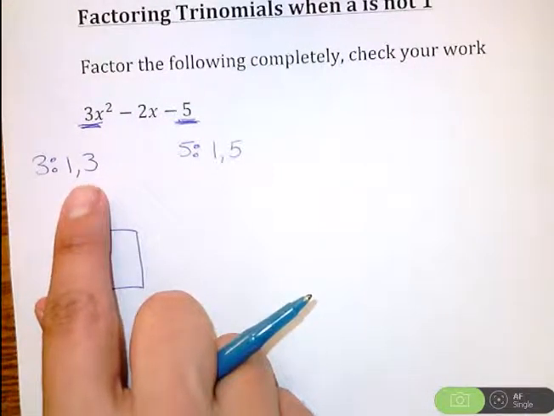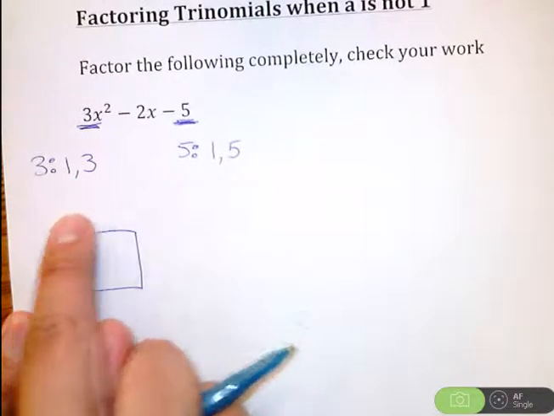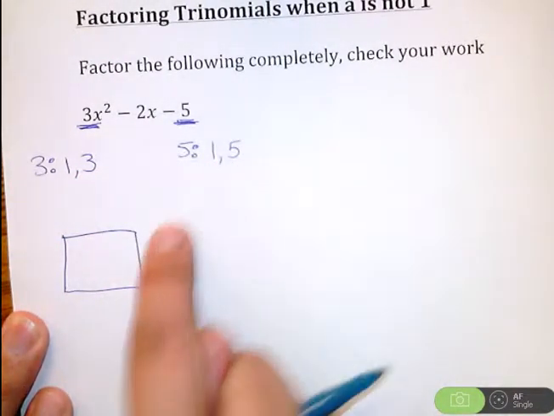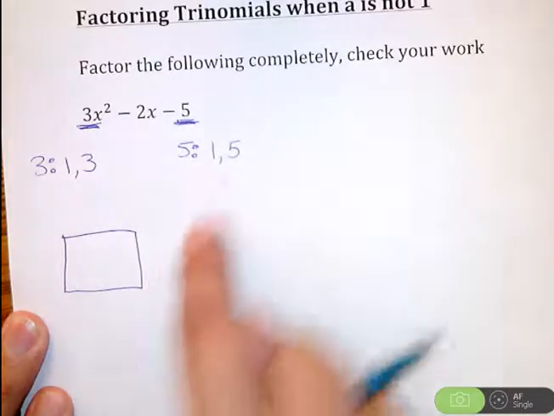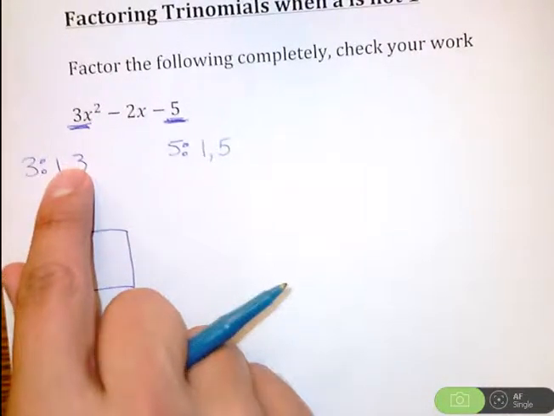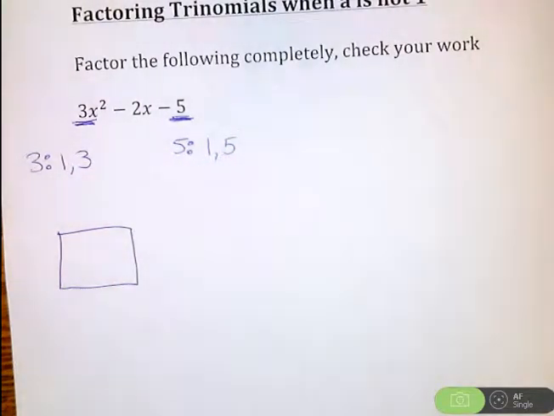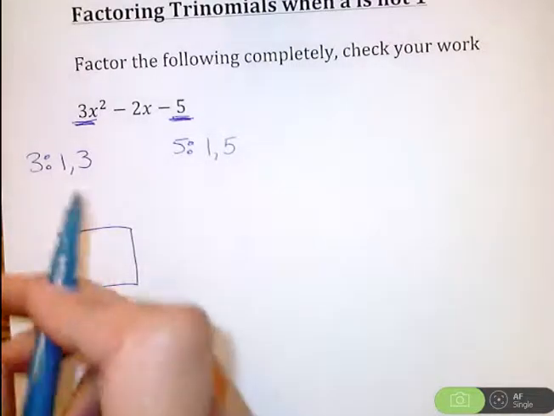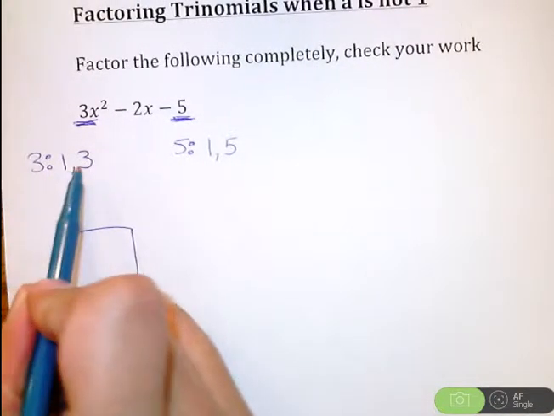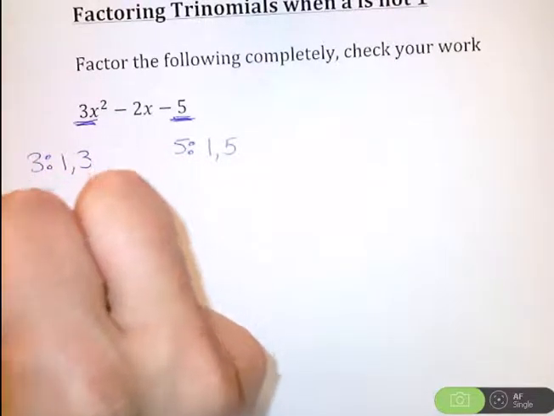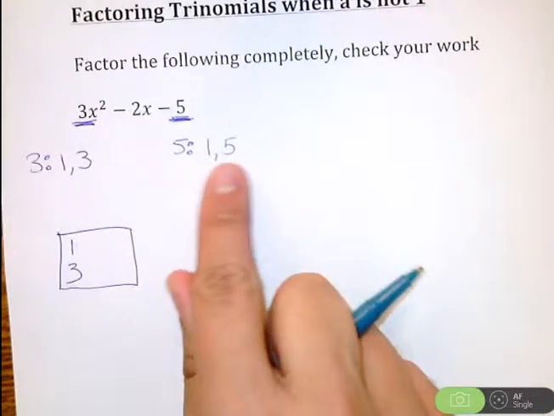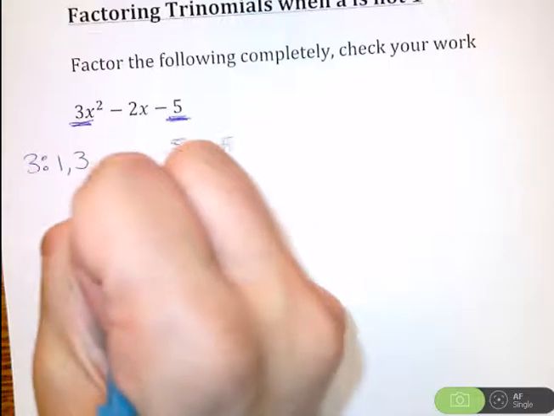Now, in later problems, you might have several pairs of numbers, so you might have to mix and match, try different pairs, like this pair and the third pair over here, or this pair and the first pair. You might have to mess around a little bit, so get used to that, and I'll show that more in later videos. But for this one, I only have one option for my front, which is 1 and 3. I only have one option for pairs in the back, which is 1 and 5.